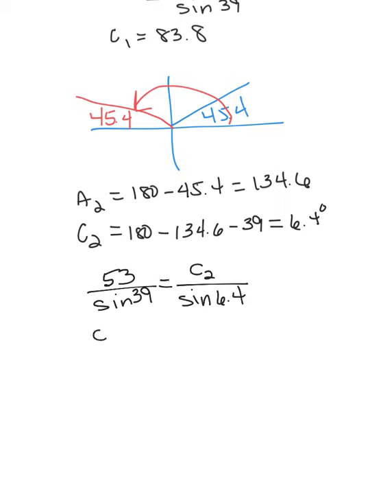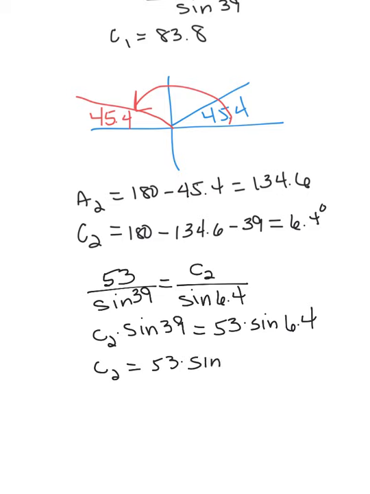Cross multiply, you get side C2 times the sine of 39 equals 53 times the sine of 6.4. Divide, you get C2 equals 53 times the sine of 6.4 divided by the sine of 39, so side C2 must be 9.4.